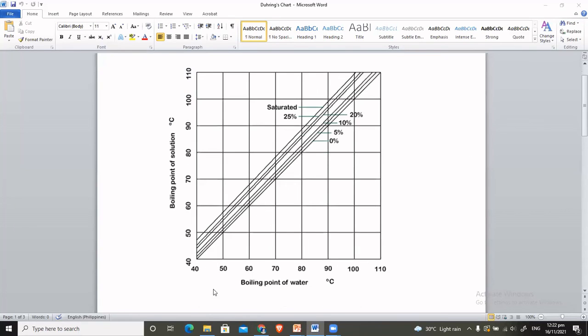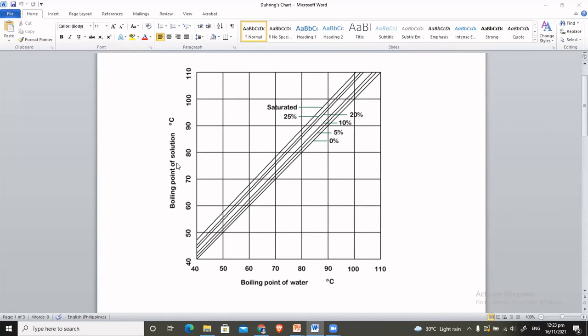So this one is the boiling point of your solution without the solids, and that would simply correspond to the boiling point of pure water. Horizontal is the boiling point of the water, and in here you have the boiling point of the solution in degrees Celsius. So if you have already the boiling point of the solution, then you'll be able to get the BPR. All you have to do is subtract the boiling point of water from the boiling point of the solution.